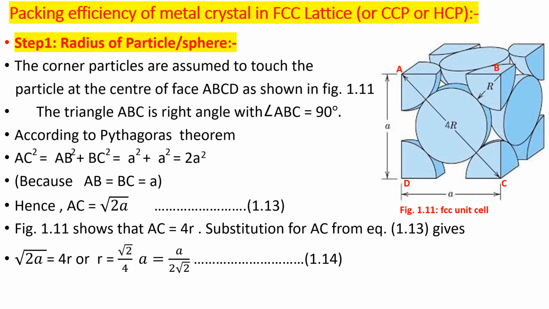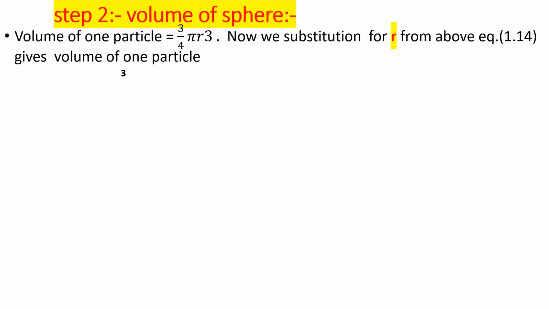Next point, step 2, volume of spheres. In FCC, the volume of one particle is equal to 4 by 3 pi r cube. Here we also substitute the value of r from the above equation.